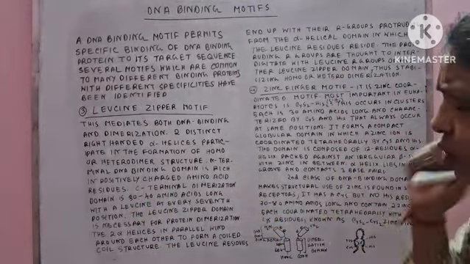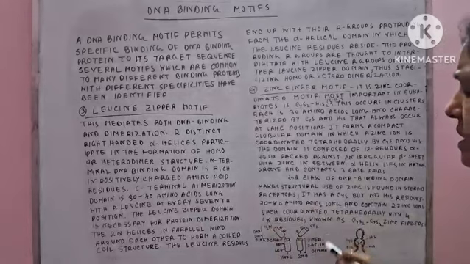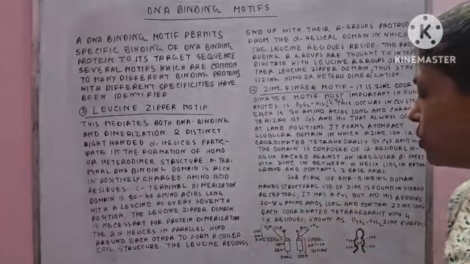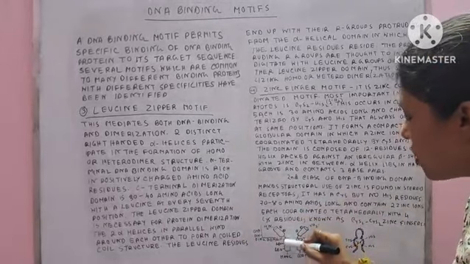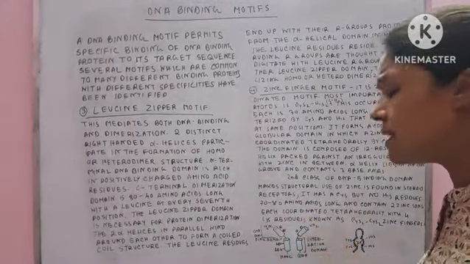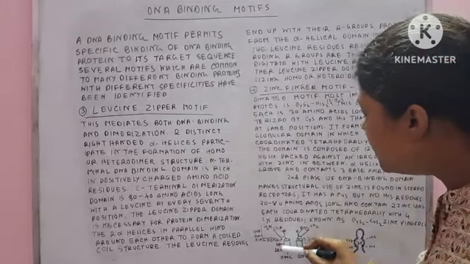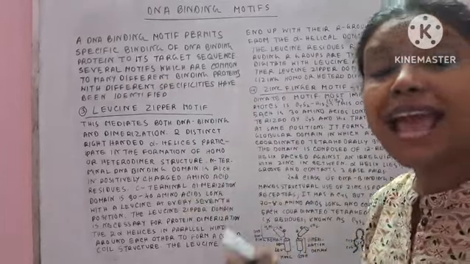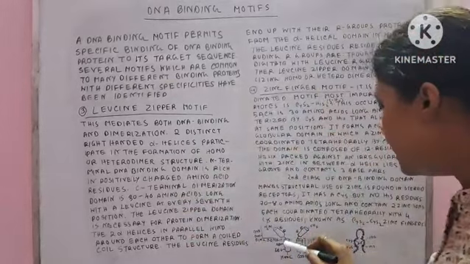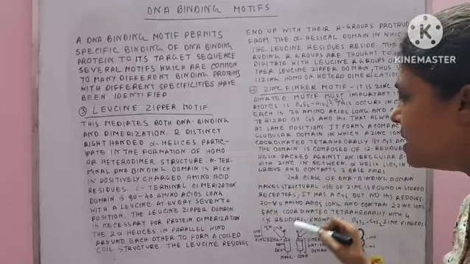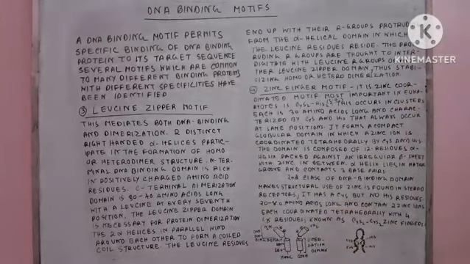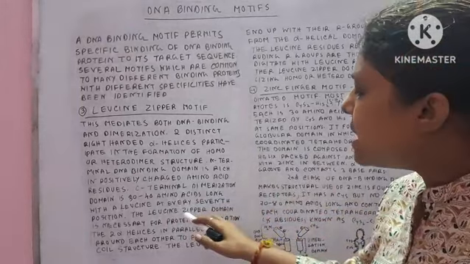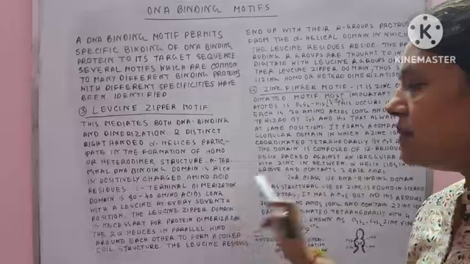I have drawn a very short structure because the space is limited. Within these 30 to 40 amino acids, leucine must be present at the 7th position. That's why it is called the leucine zipper domain. Clear? This is necessary for protein dimerization.